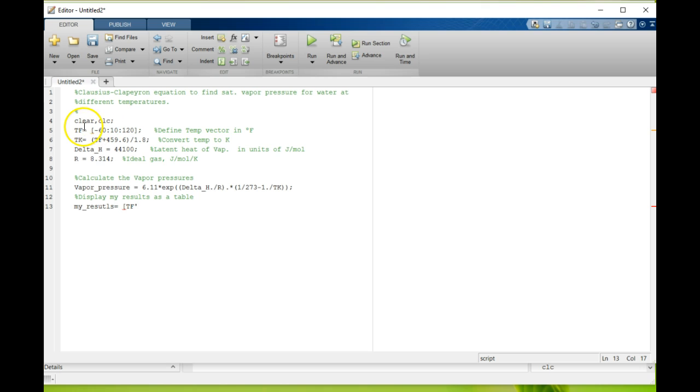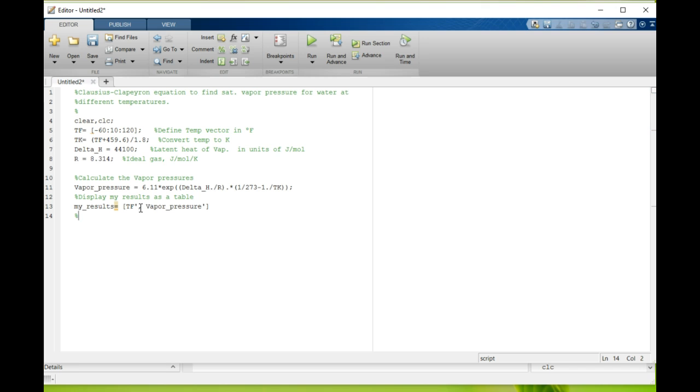Now you notice these are all row vectors, and I'm going to use the transpose symbol to transpose this to a column, comma, vapor pressure, transpose, and we have that. I didn't type results correctly. Let's fix that. Results. And so we have that, and we can display that as a result.